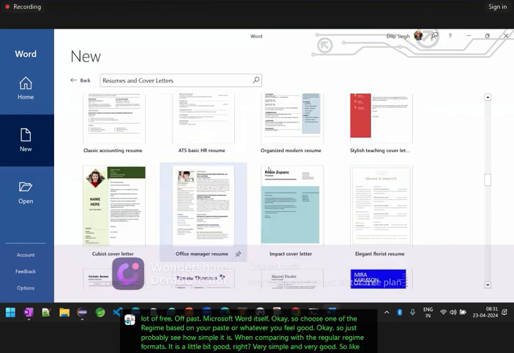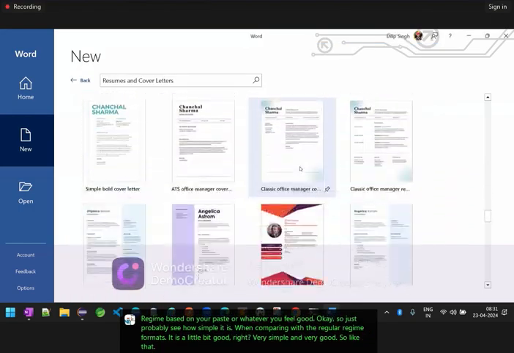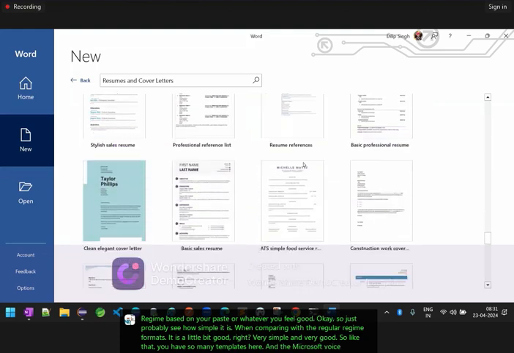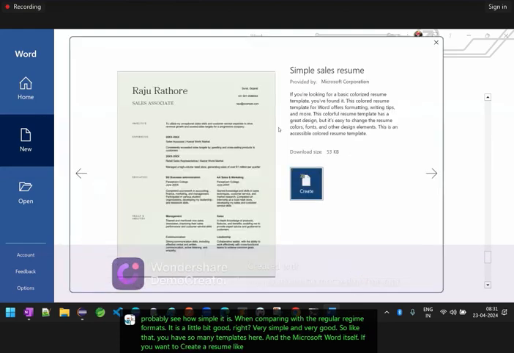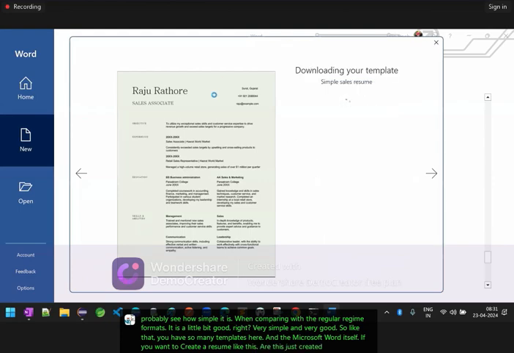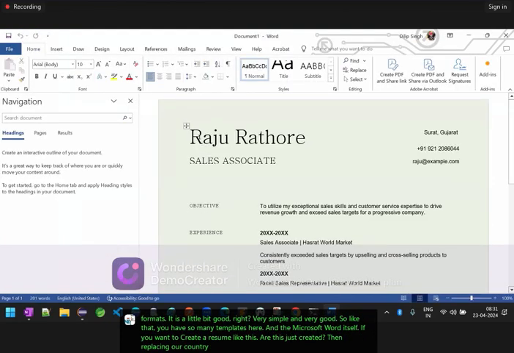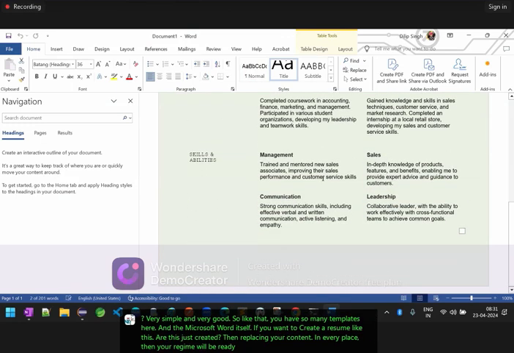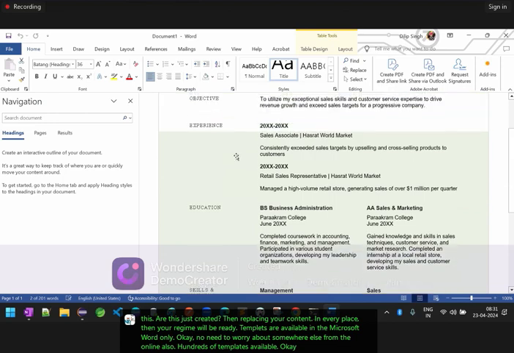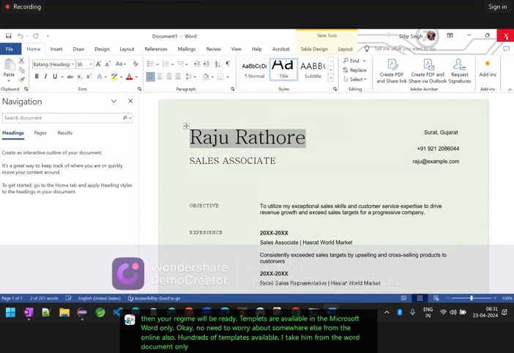So you have so many templates here in Microsoft Word itself. If you want to create a resume like this or this, just create it, then replace your content in every place, then your resume will be ready. Templates are available in Microsoft Word only. No need to worry about looking somewhere else online. Hundreds of templates are available. I took from the Word document only.